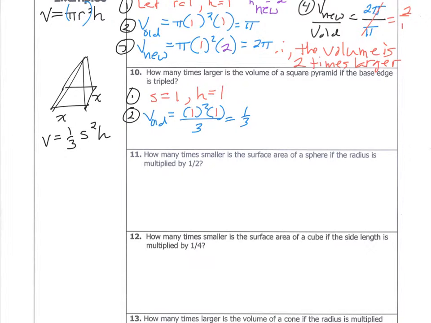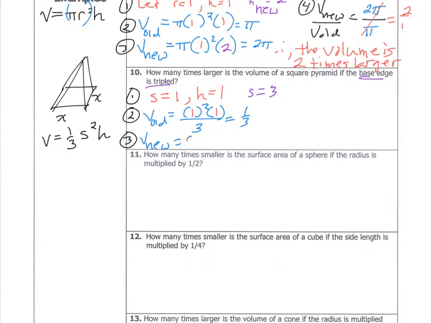So then we're going to find the volume of the new one. If our base edge is tripled, doesn't that mean that I'm going to take S and multiply it by 3? So let's go ahead and plug in.